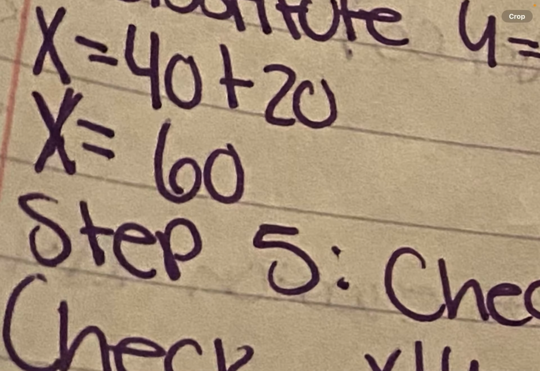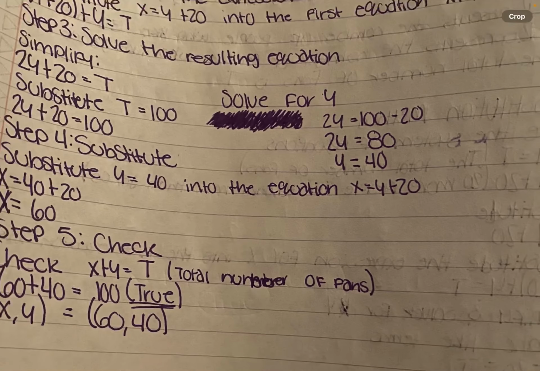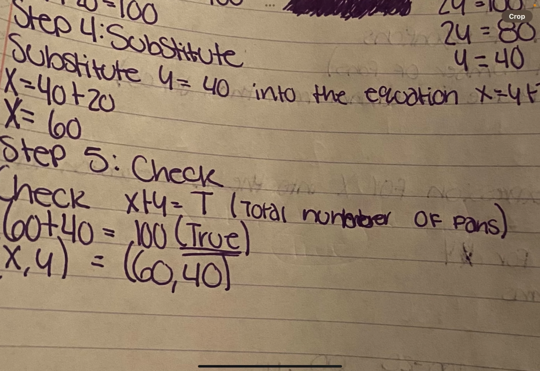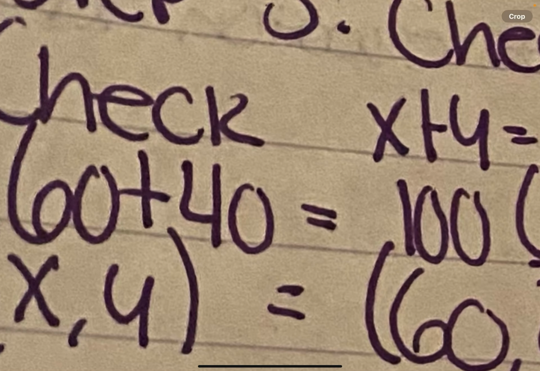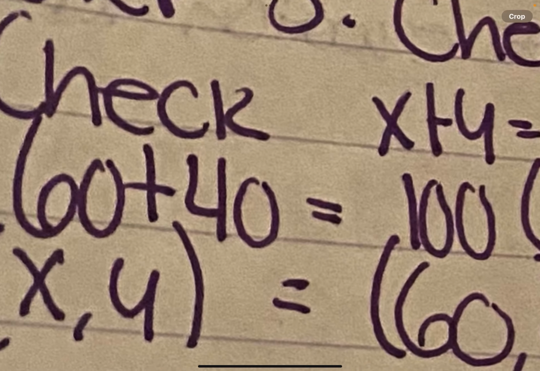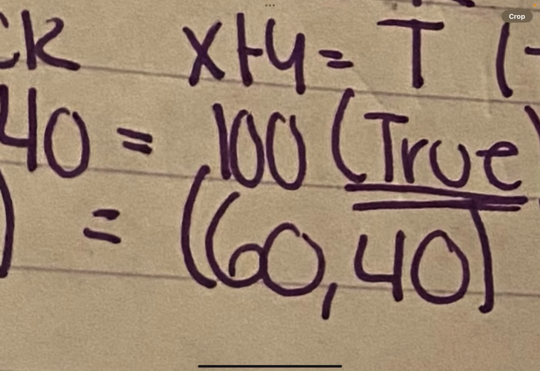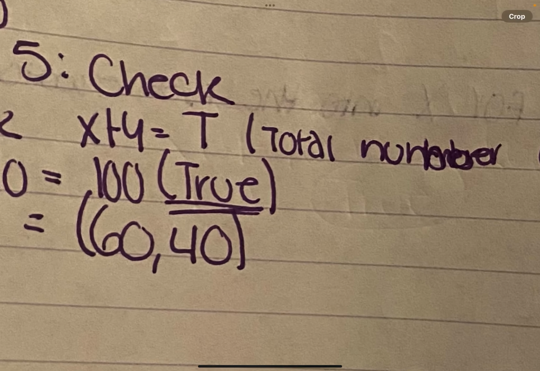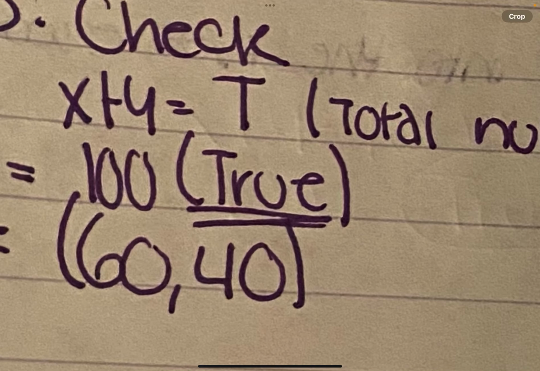So X is 60 and Y is 40. And we check this by the total number of fans: X is 60, Y is 40, and 100 is the number of fans, which is true.